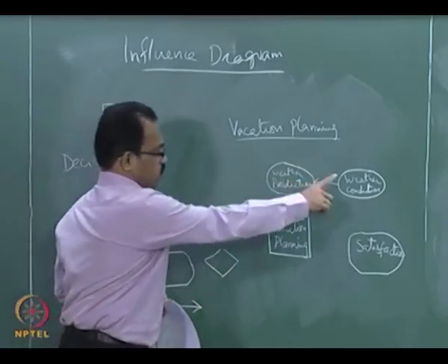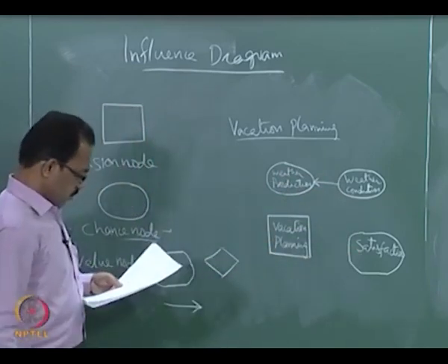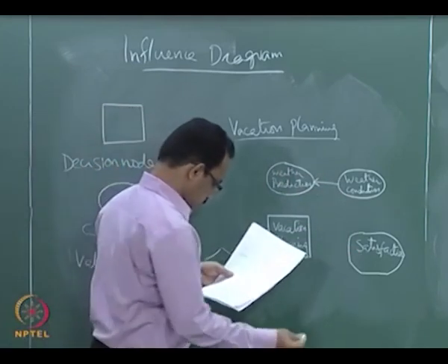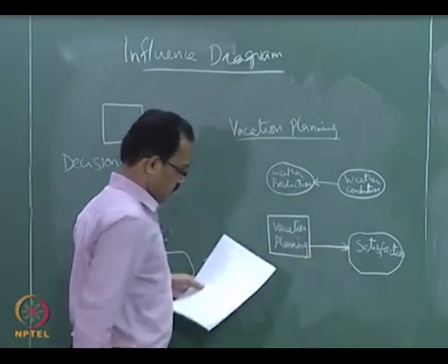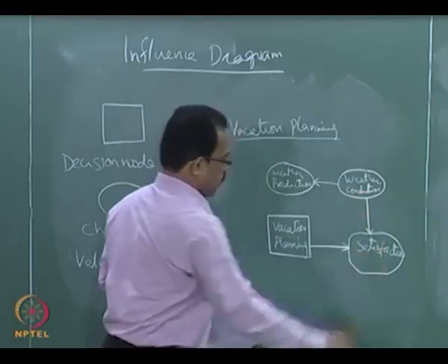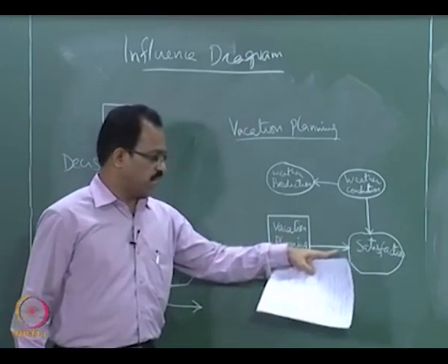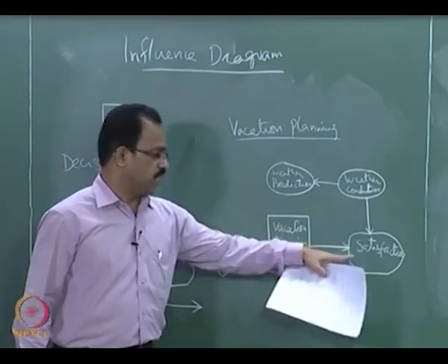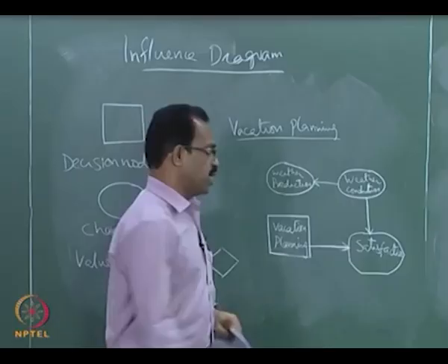So these are the two chance nodes, this is the value node, and this is the decision node. Now we can see there are two functional arcs, both leading to the satisfaction. The vacation planning leads to satisfaction, and the weather condition also influences the value, the satisfaction.